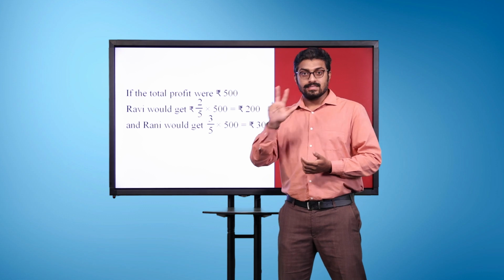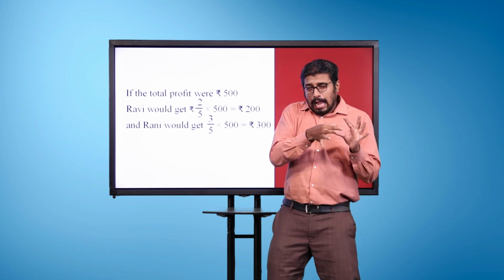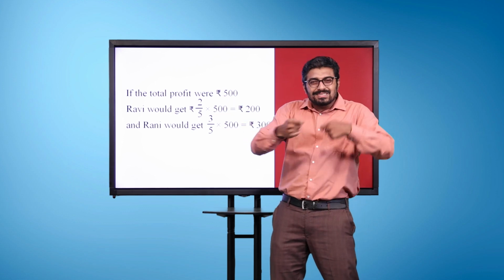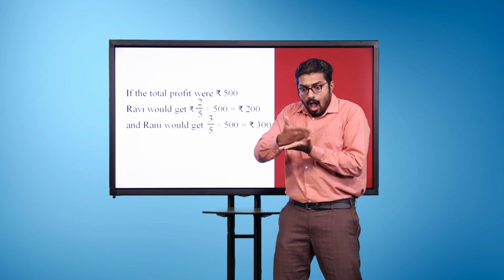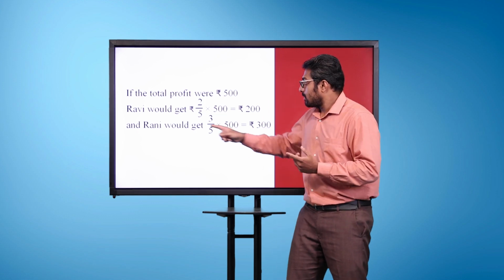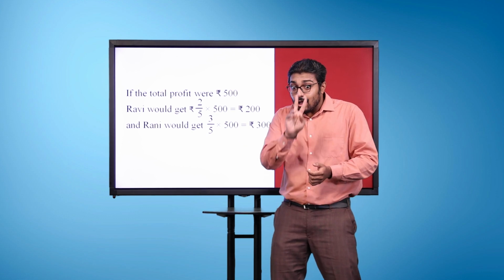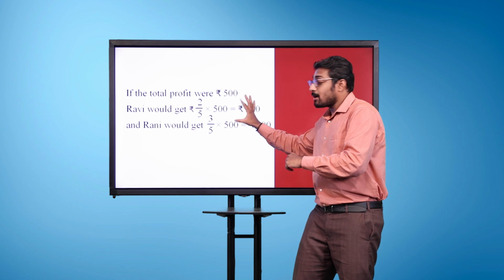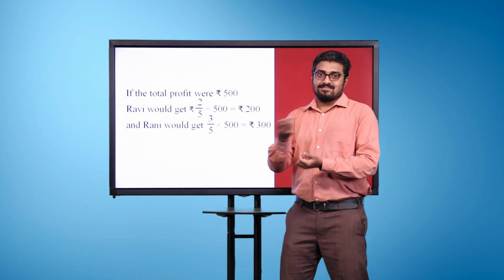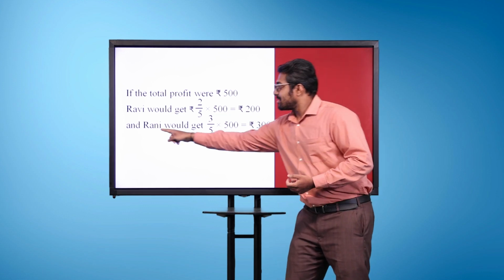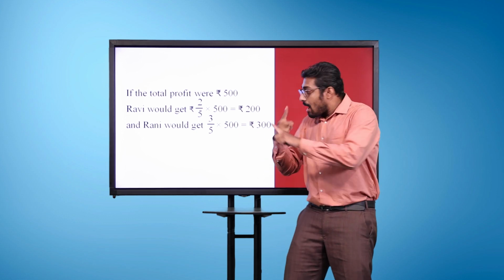If the total profit were 500 rupees, Ravi would get rupees 2 by 5 into 500, which is equal to 200 rupees. And Rani would get 3 by 5 into 500, which is equal to 300 rupees.